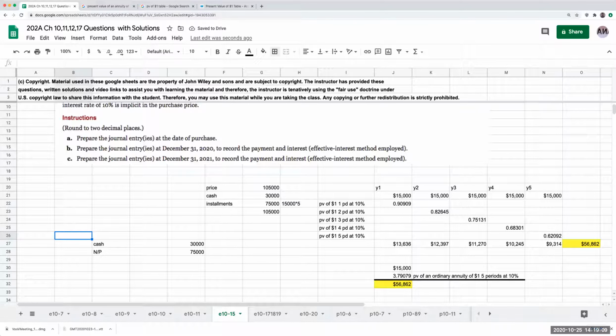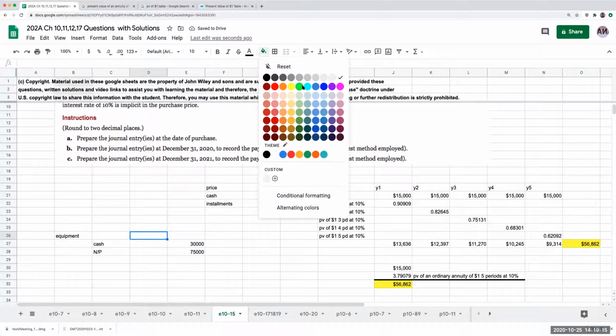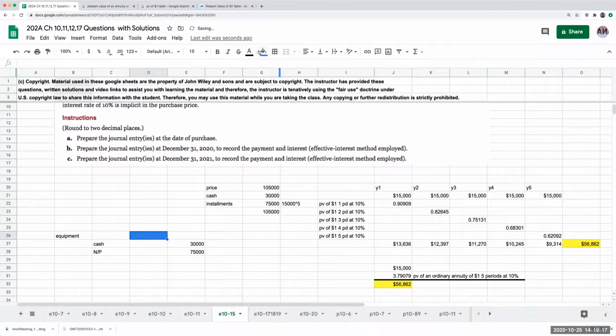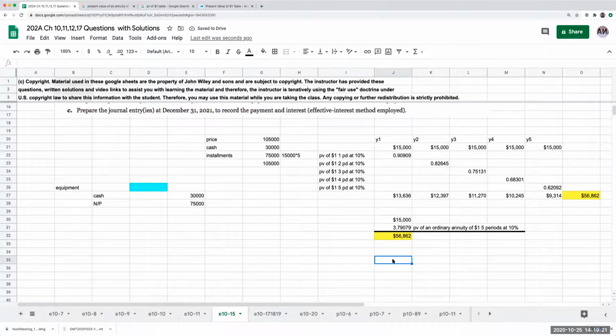But when it comes to recording the equipment, the value of this equipment is going to be $56,862 plus the cash paid of 30,000.